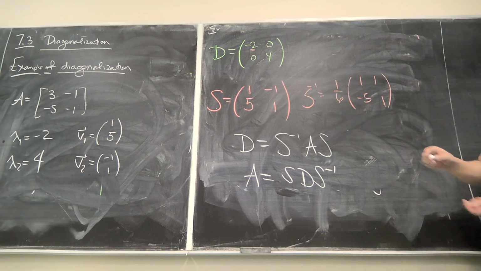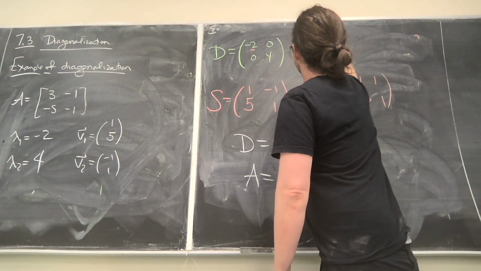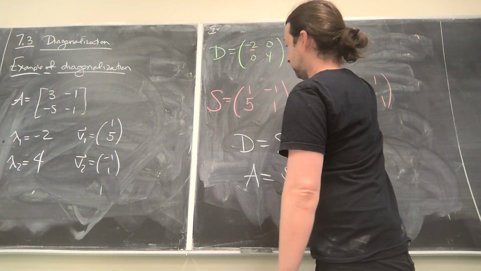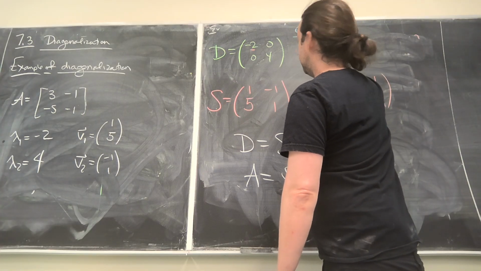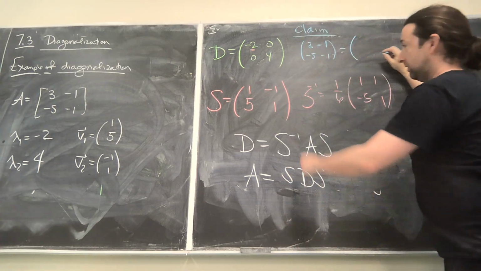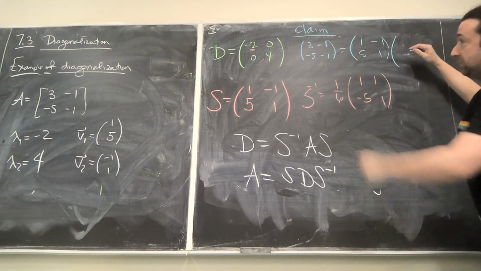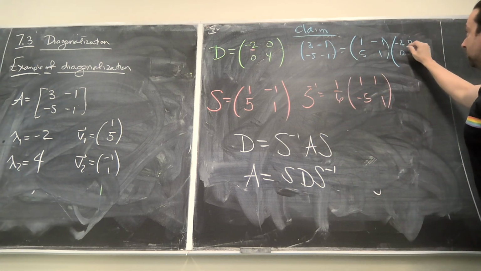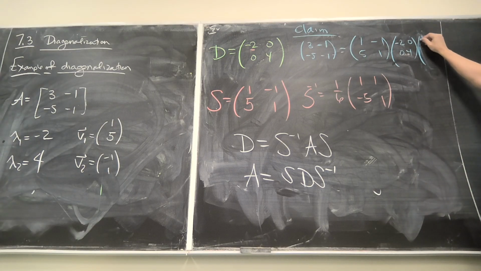And what we're claiming here, it's a big claim, is that I could write the matrix 3, minus 1, minus 5, minus 1 as 1, minus 1, 5, 1 times the diagonal matrix minus 2, 0, 0, 4 times the inverse matrix. So I guess I could make it 1/6, 1/6, minus 5/6, and 1/6.